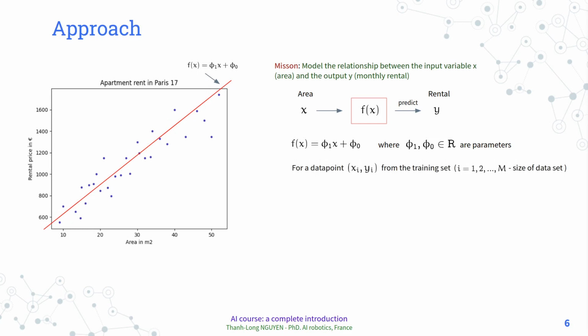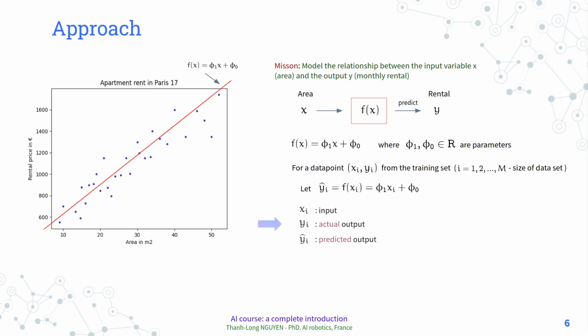Then, for any data point xi, yi from the training set, where i is the index of sample data, and m is the total number of sample data in the training set, let y hat i equal f of xi, which equals phi1 xi plus phi0. That means y hat i is computed from the linear function f given x equal to xi, okay?